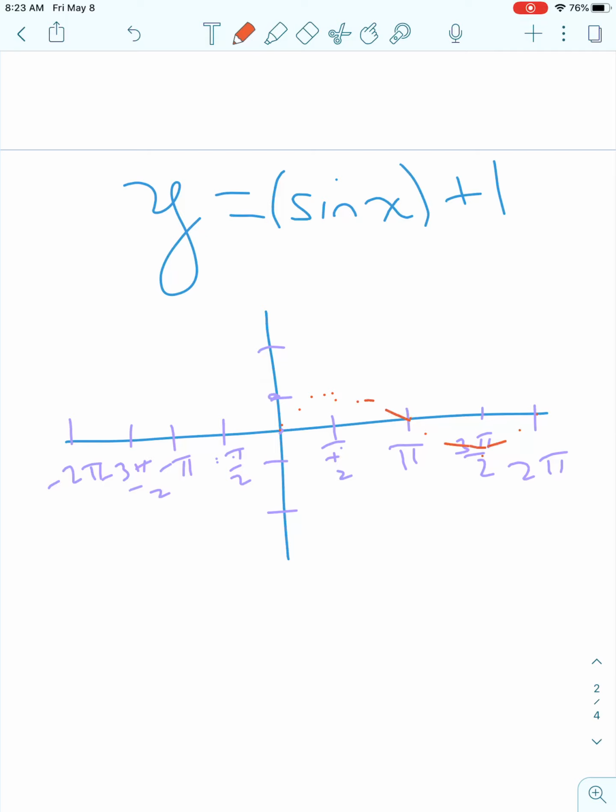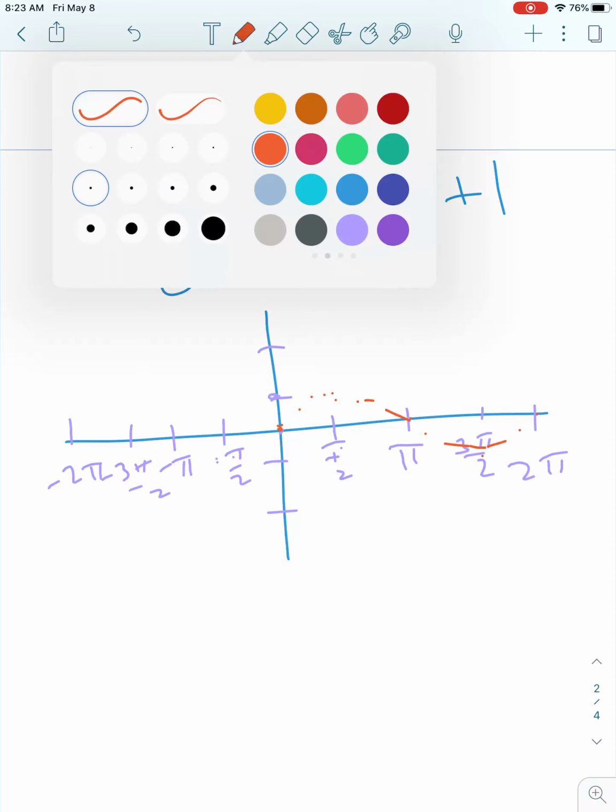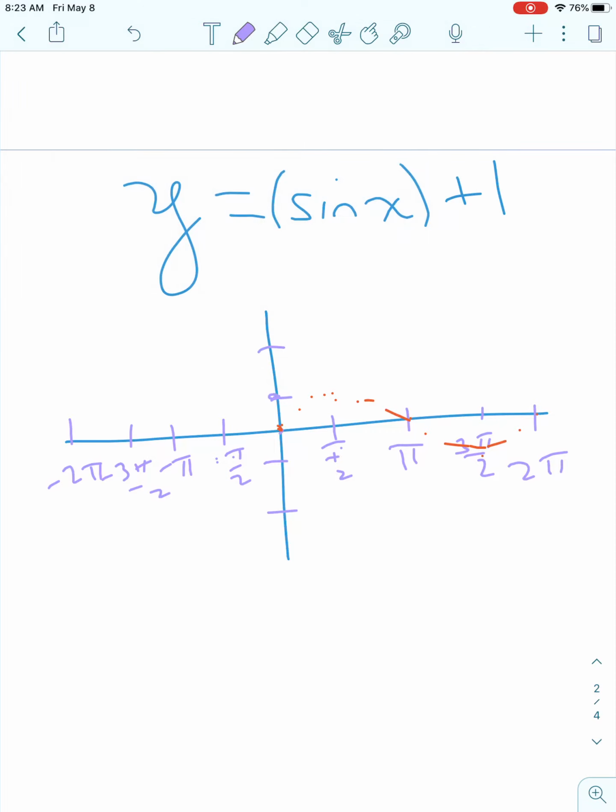Well, now we're just going to literally take this entire picture and shift it up. So this is why I started to say, hey, look, the sine of 0 that was 0 is now 1. What was 1 is now 2. What was 0 is now 1. What was negative 1 is now 0. And what is 0 is now 1.